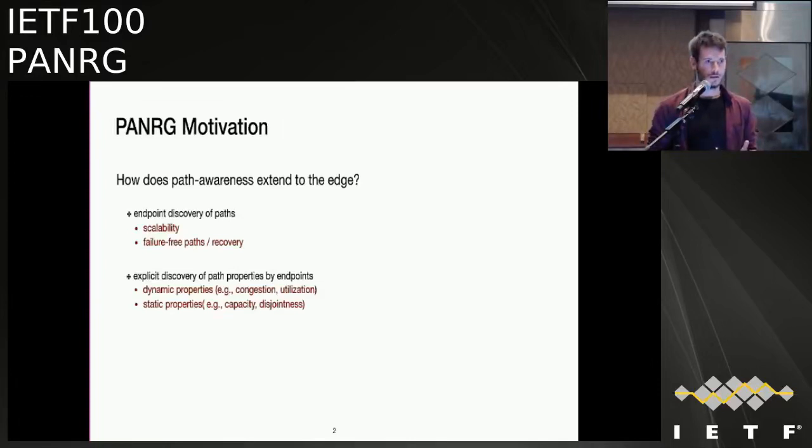And this has to do with dynamic properties, meaning that they change often, such as congestion or utilization status of some links on the paths. And more static properties, such as capacity of links on the path, or derived properties about a set of paths, such as path disjointness.